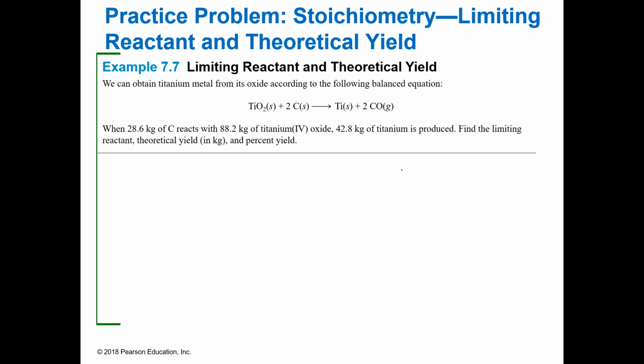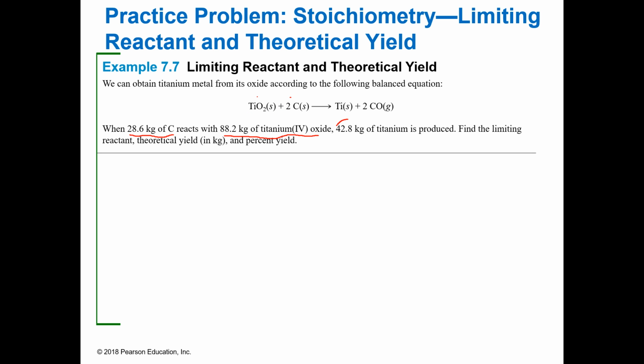Let's do another one. All right, here I have titanium oxide reacting with carbon to give titanium and carbon monoxide. All right, so when 28.6 kilograms of carbon reacts with 88.2 grams of titanium oxide. Okay, so I'm given an amount for each one of these. So I know it's a limiting reactant problem.